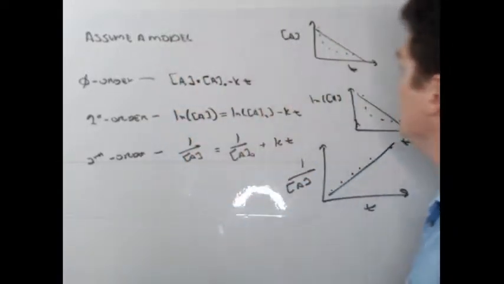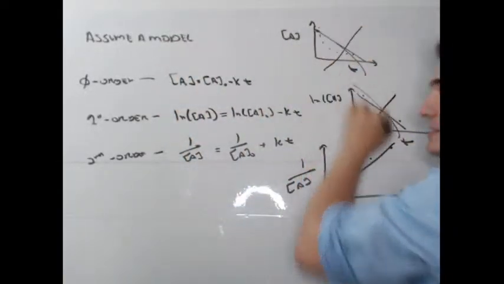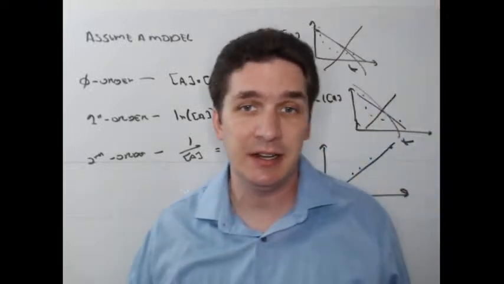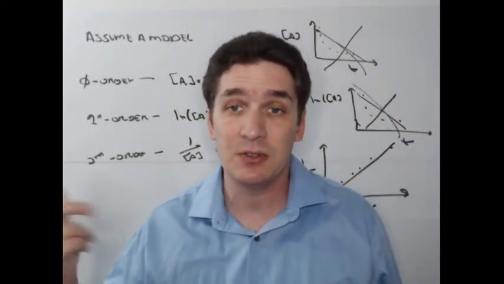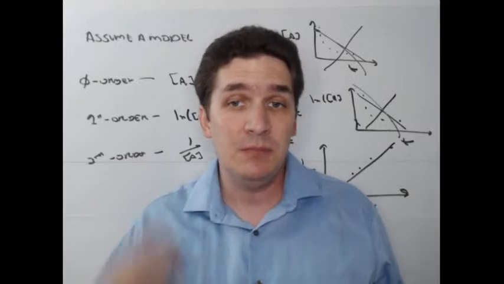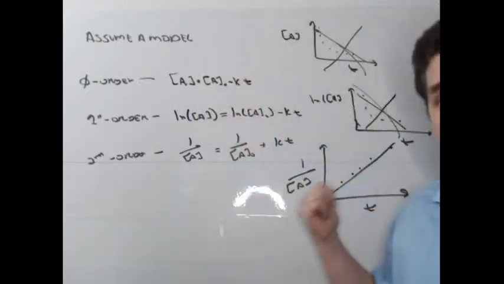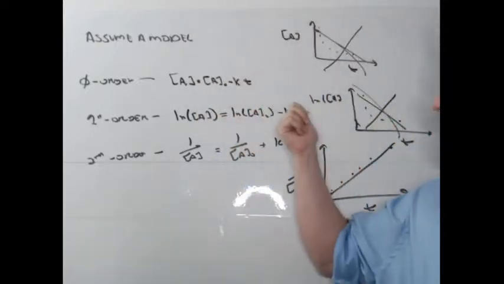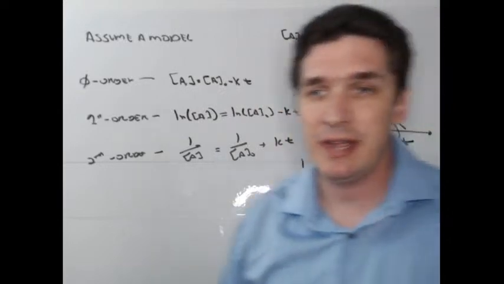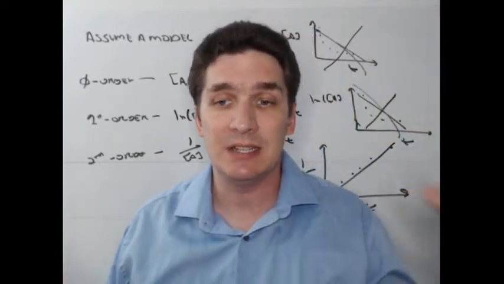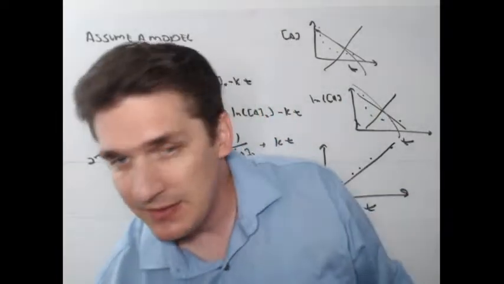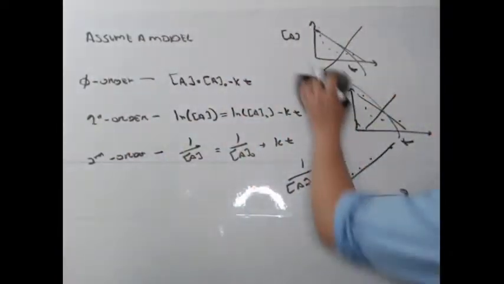So now these two graphs are meaningless. And they're meaningless because this is clearly not a zero or first order reaction, because those aren't linear. This is also a mutually exclusive statement. If it's linear for second order, it can't be a zero or first order reaction. Only second order reactions will give this type of behavior. So once we have this information, we can now forget these other two graphs.